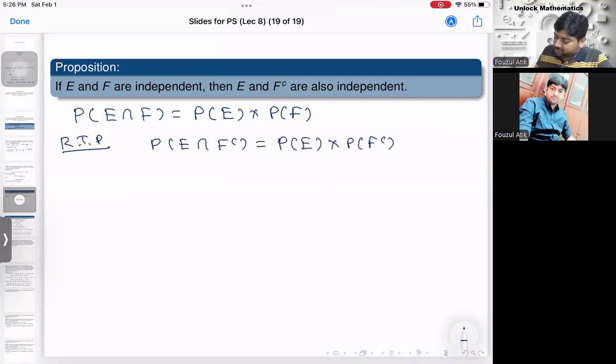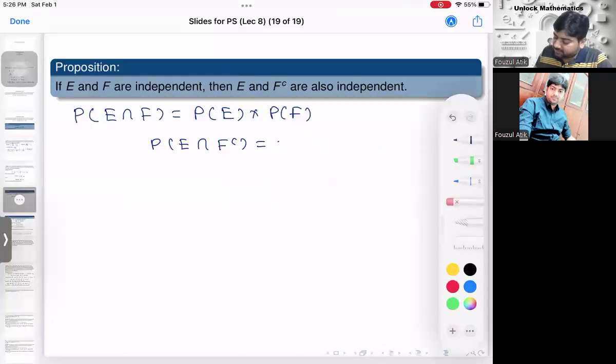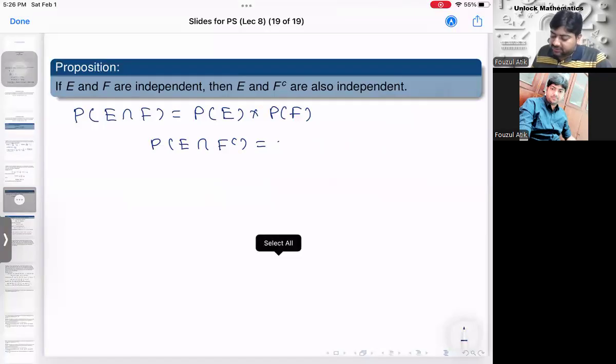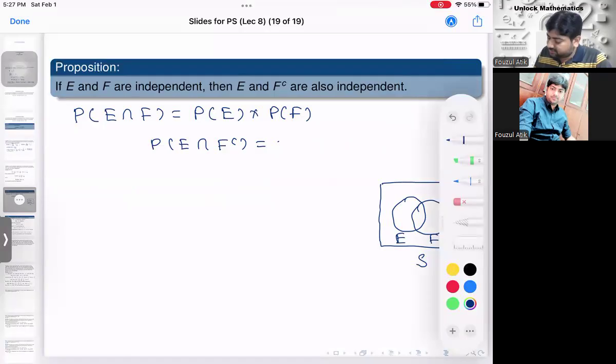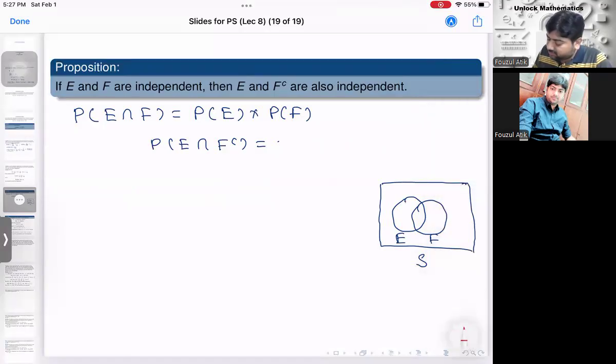Now we will try to prove that. So I'll just remove this part and I'll work on this part. Now E intersection F complement is what? Suppose this is the sample space. We have E here, we have F here. E intersection F is this part, the red color one.